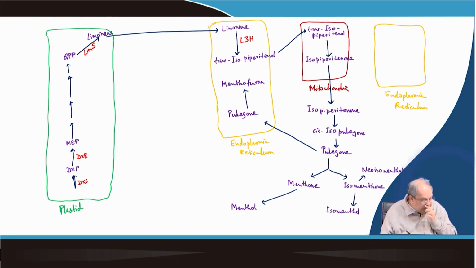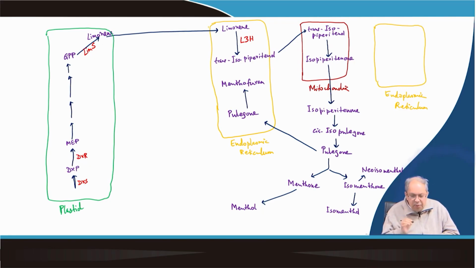Now, it is also possible that the MVA pathway contributes towards menthol biosynthesis, but much later it was found that in fact the MVA pathway is not contributing to menthol biosynthesis, because there is some blockage in the late steps of the MVA pathway. Therefore, I am not showing the MVA pathway here.